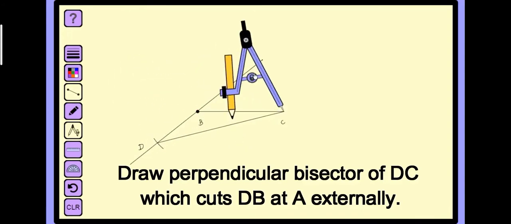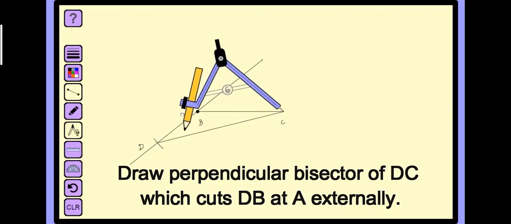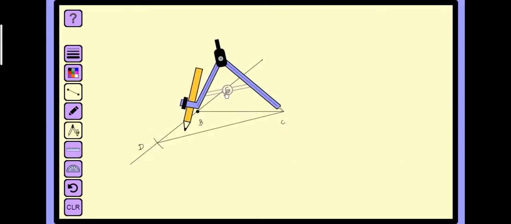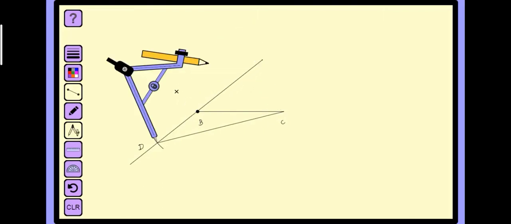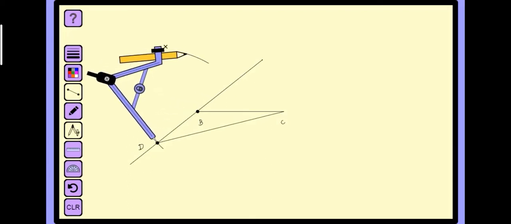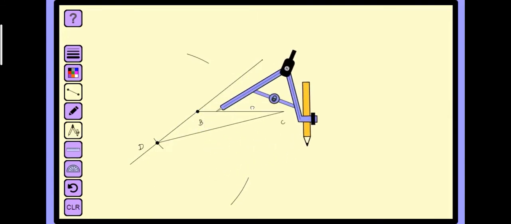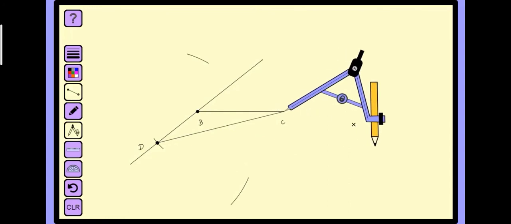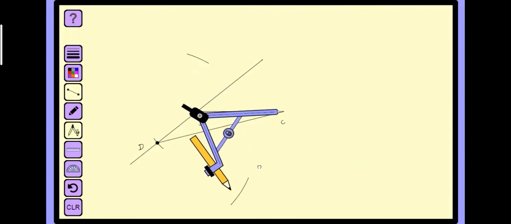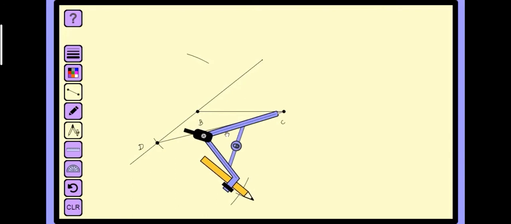Now the steps are the same. We draw the perpendicular bisector of CD. How to construct? By taking more than half the distance, mark arcs upside and downside of segment CD and draw the line through the intersecting points of the arcs.